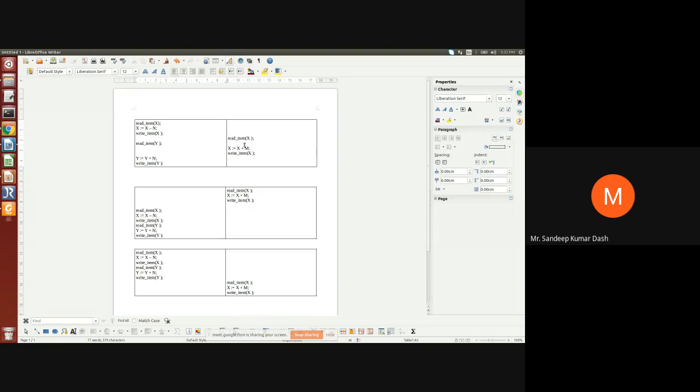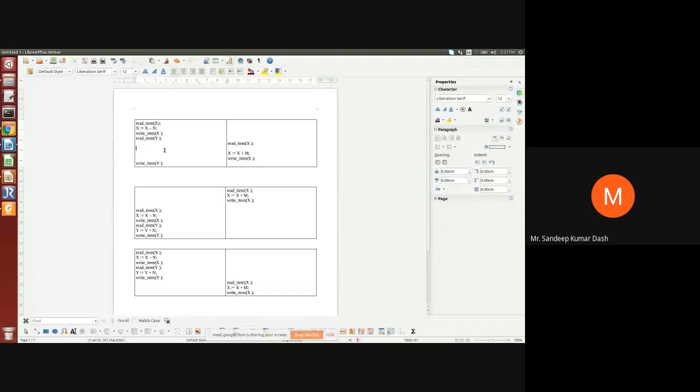And again, these two are not conflicting because this is a read, that too on a separate data item. Okay. Similarly now, these two are not conflicting because this is separate.